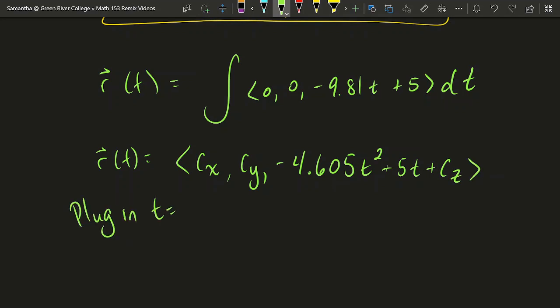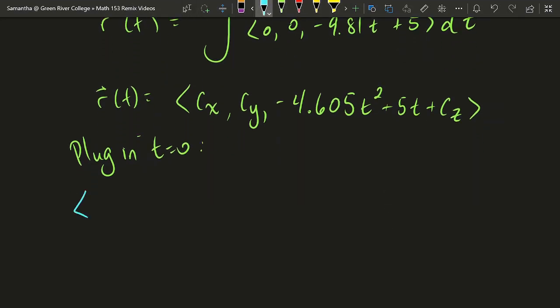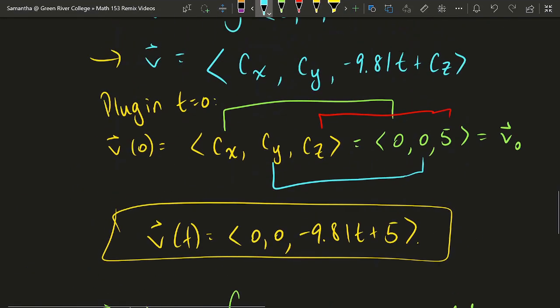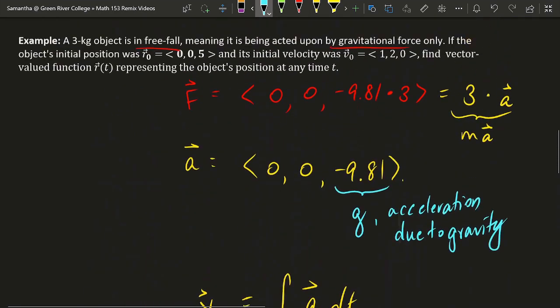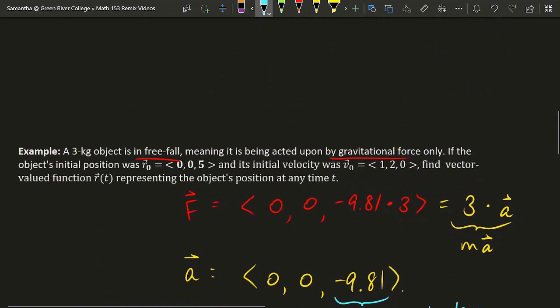Once again, let's plug in a time of 0, and let's compare what is predicted by my function with what is given to me in the problem. The initial position I was given, scrolling back up, is 1, 2, 0.